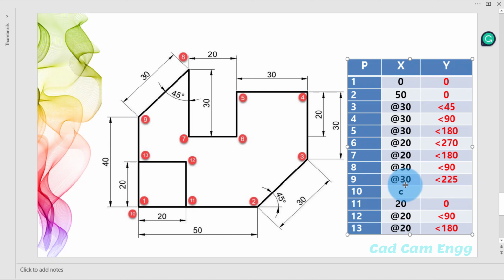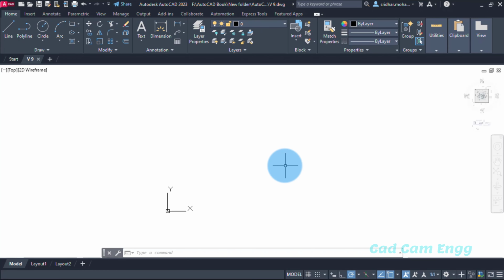We open AutoCAD and check how the drawing comes out. So from today onwards we are going to use the AutoCAD 2023 software. We already uploaded the videos. What is the difference between the 2022 version and the 2023 version? Mostly 99% of tools and functions are the same, not a big difference.